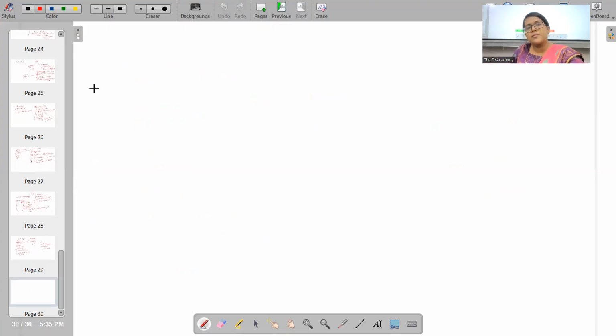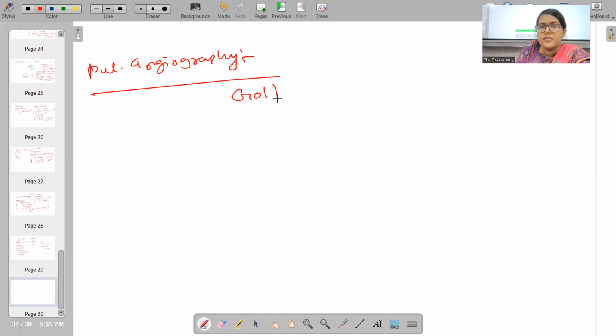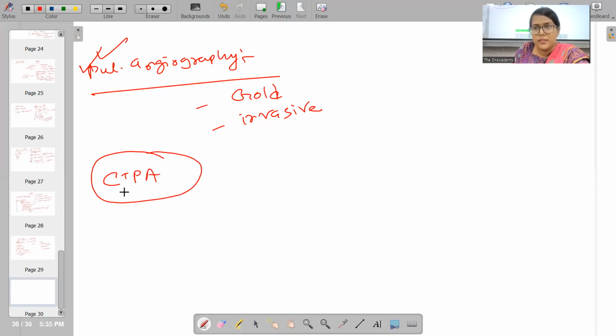So in that case, sometimes VQ scanning can be preferred in pregnant women only. However, the gold standard is pulmonary angiography, which is an invasive procedure. This is gold standard. However, this is invasive, so there are more complications related to pulmonary angiogram, thus making CTPA the main investigation modality. All right.